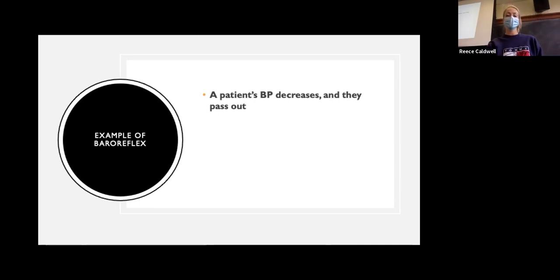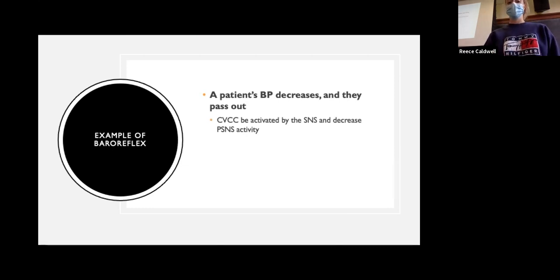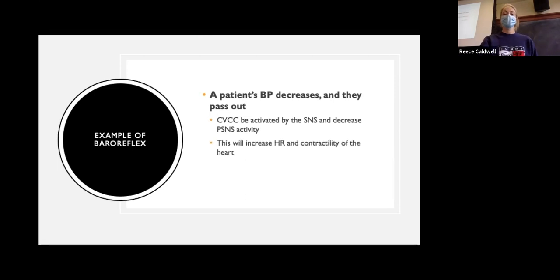How our body would respond is that the sympathetic nervous system would pick up that we have super low blood pressure, and it would activate the cardiovascular control center. It would decrease PSNS activity as well, because these normally will not be activated at the same time. So when we activate our cardiovascular control center by that SNS, heart rate will increase, and so will the contractility.